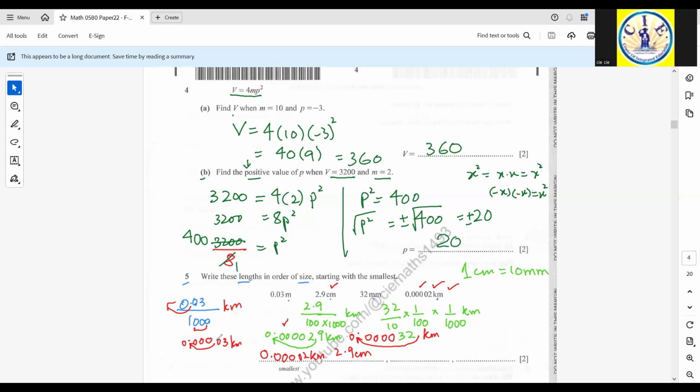After this, 0.00003 and then 0.000032. This has an additional digit in this amount, so it is going to be larger than this one. So the smaller of these two is going to be this one, which came from 0.03 meters, and then finally this one, 32 millimeters. So this is how this question is to be done. I hope it would be clear.